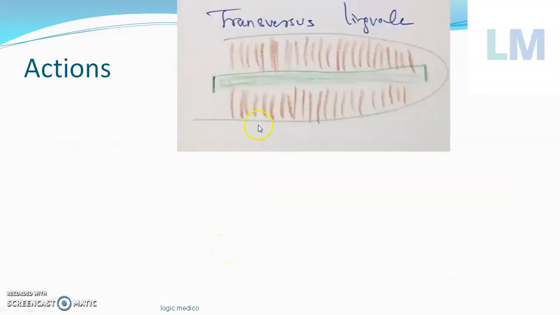Come to the action. What do you think will happen when this muscle shortens? It brings the lateral margin towards the septa. So what do you think will happen to the length of the tongue? Will it shorten or lengthen? If you said lengthen or elongate, then it's a correct answer. When the side to side aspects of the tongue come towards one another, towards the midline, the tongue gets elongated.